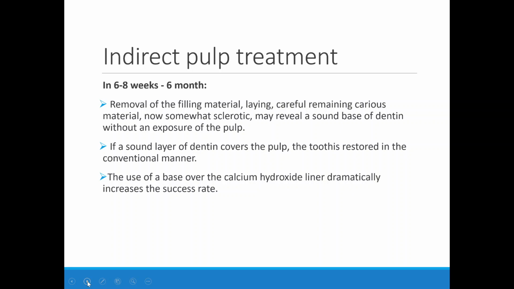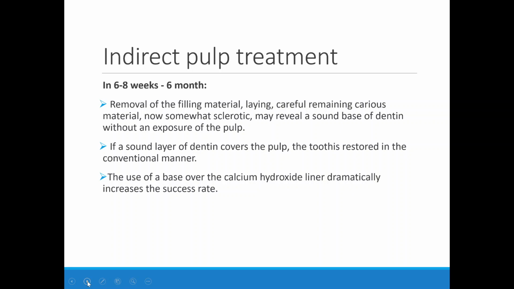So the last sentence I underline for you, that this is the result of some investigation. You can find in the literature that some authors recommend using calcium hydroxide liner after this second appointment.